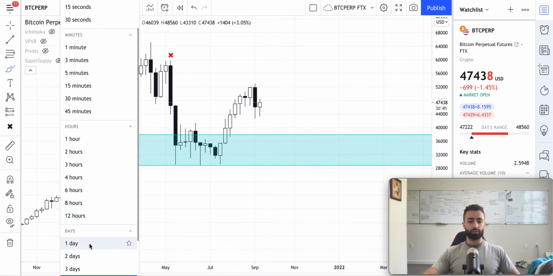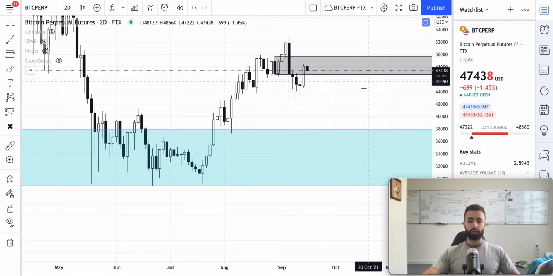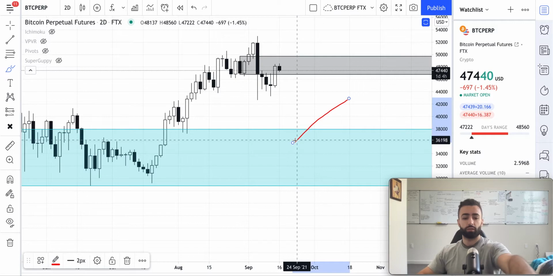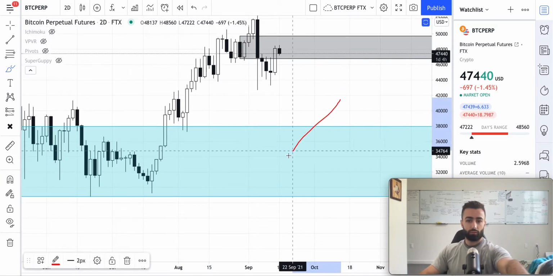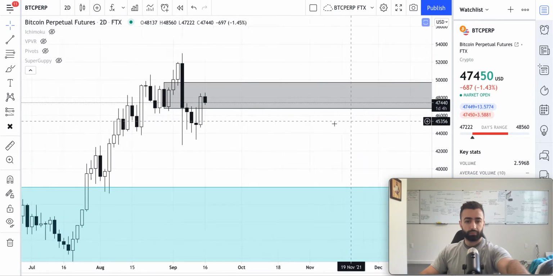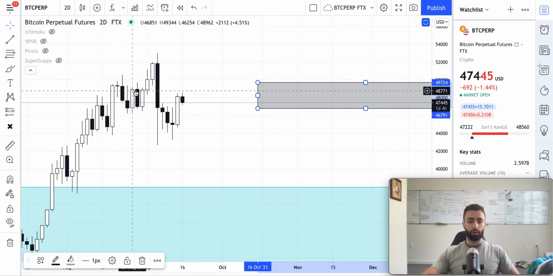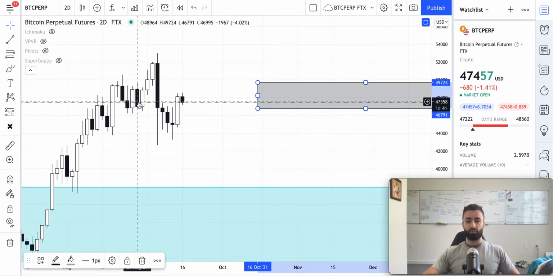If we go down to the 2-day time frame, one thing I want to point out here is this key gray level right here. This is from our bull trend, where we had a low, high, higher low, and then higher high. It's a very simple 4-step pattern.